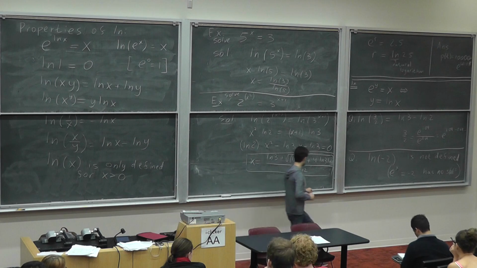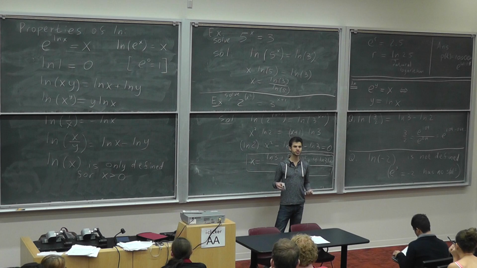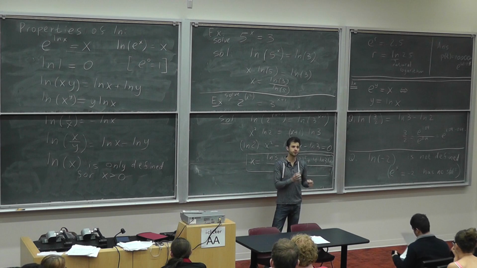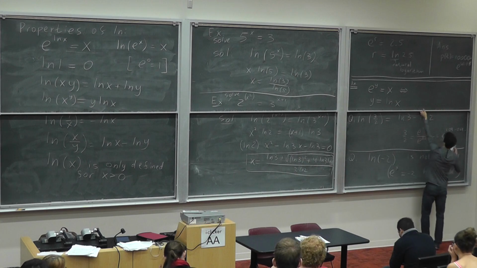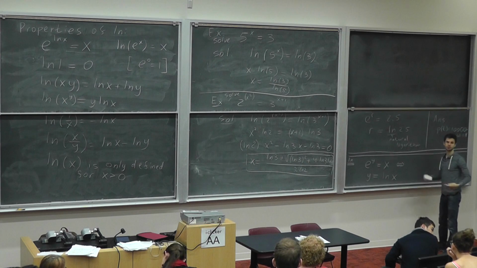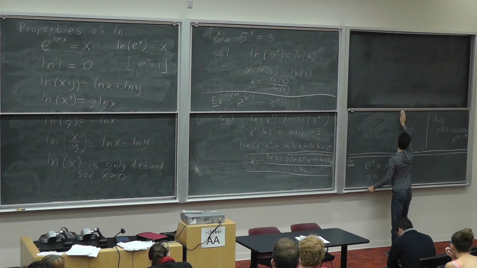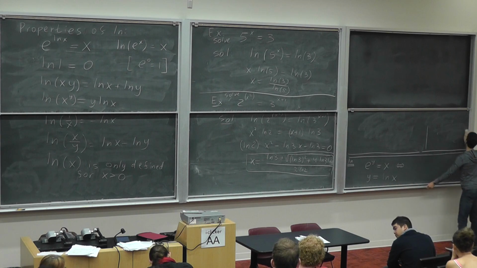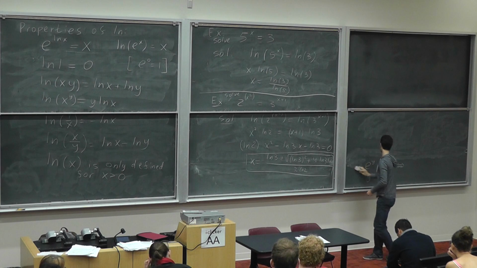Okay, so next I want to discuss the behavior of this function ln of x as a function of the parameter x. How does the graph of this function look like? What is the rate of change of this function going with x? How fast does it grow? So let's start with the graph.